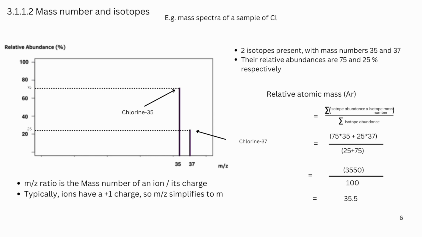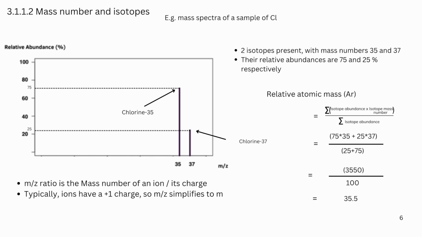And so in the mass spectra of chlorine, there are 2 peaks because chlorine has 2 naturally occurring isotopes, which are chlorine-35 and chlorine-37. And so they have different heights because they have different relative abundances. Their heights will be in the ratio 3:1 because their relative abundances are 75 and 25%.